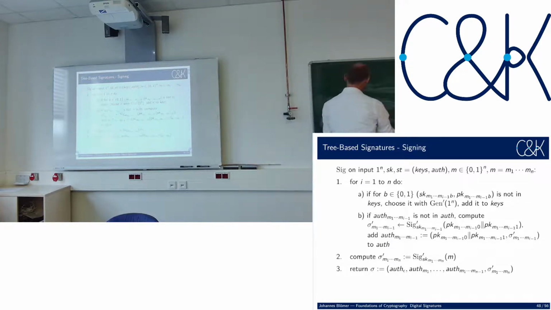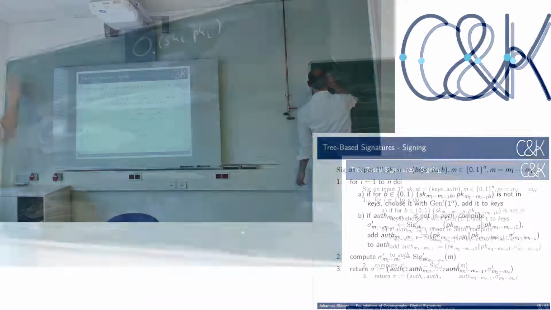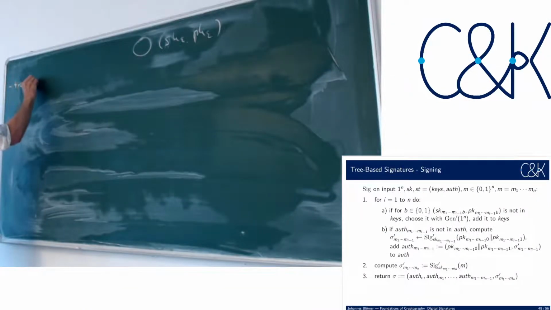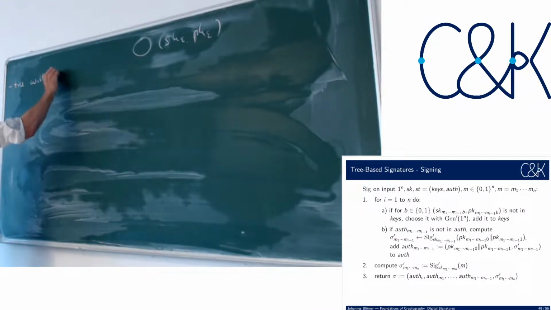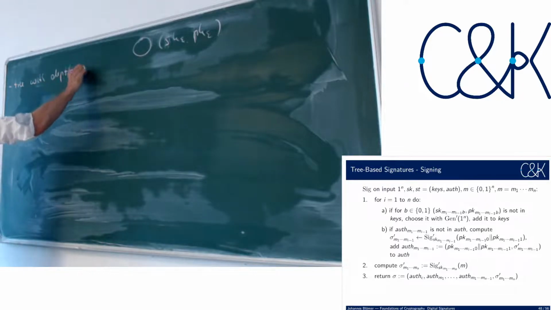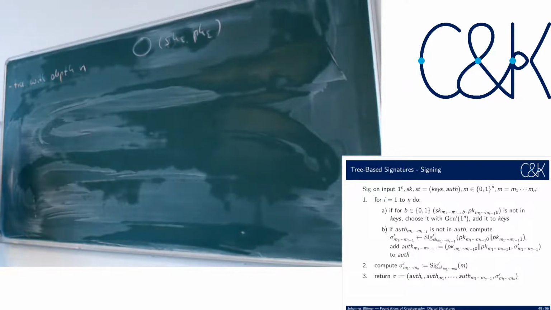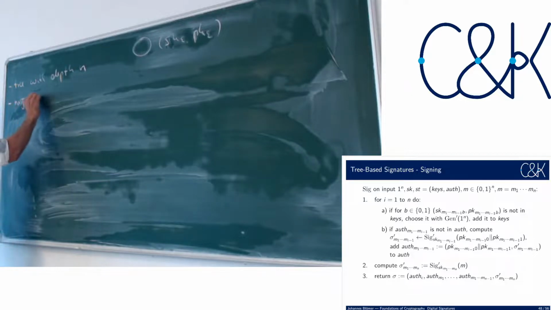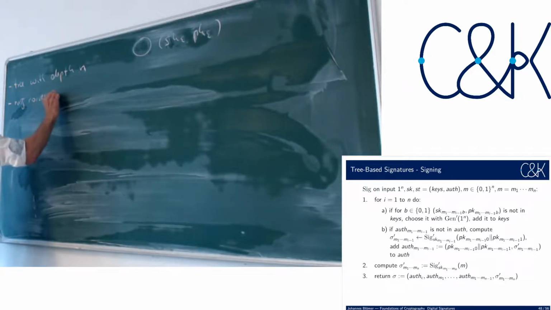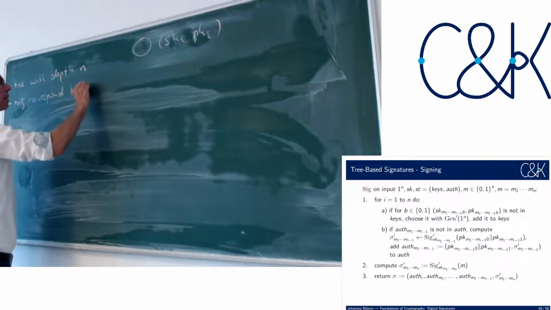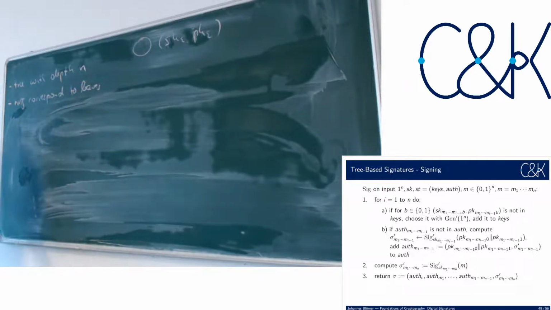And so we will look at the tree with depth n. The messages correspond to leaves, so at the very bottom.